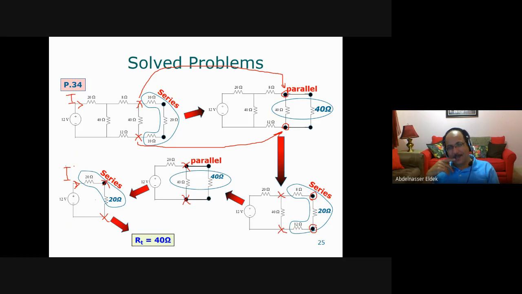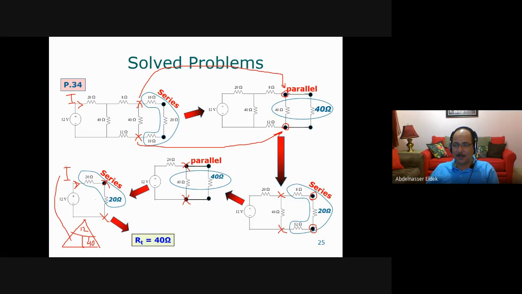Okay, so now if I want to calculate the current, as I mentioned before, you have to use Ohm's law or Kirchhoff's current law. Of course, here I can use Ohm's law because simply you can say that the voltage equals 12 volt. And what is the resistance? It is 40 ohm. So you can calculate the current now.